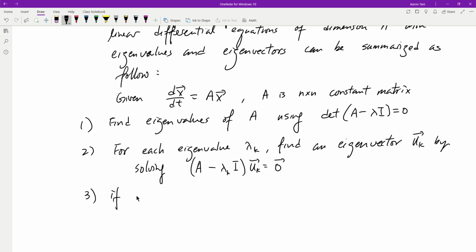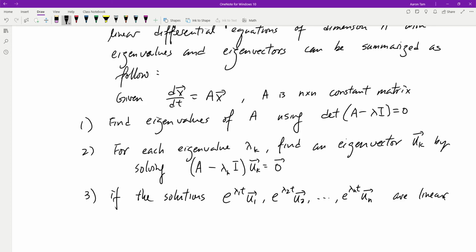If the solutions e to the lambda 1t vector u1, e to the lambda 2t vector u2, dot dot dot, e to the lambda sub nt vector u sub n are linearly independent. Notice that you will get n that many eigenvectors because the matrix A is n by n. However, the important part is the following.